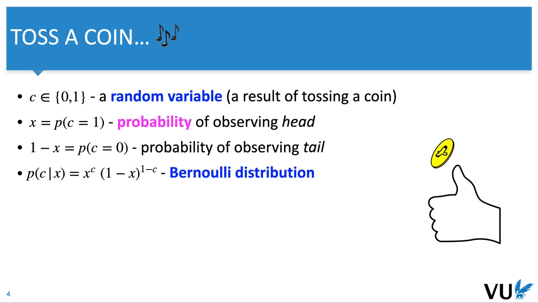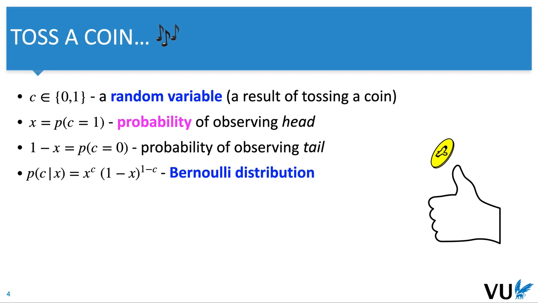And the probability distribution for a binary random variable is called the Bernoulli distribution, and we can express it using one single formula. The probability of C, whether this is 1 or 0, is x to the power of C times 1 minus x to the power of 1 minus C. Of course, if now C equals 0, this will be x to the power of 0, so it will be 1, and 1 minus x to the power of 1 minus 0 is just 1 minus x, so we see that we recover the original probability.